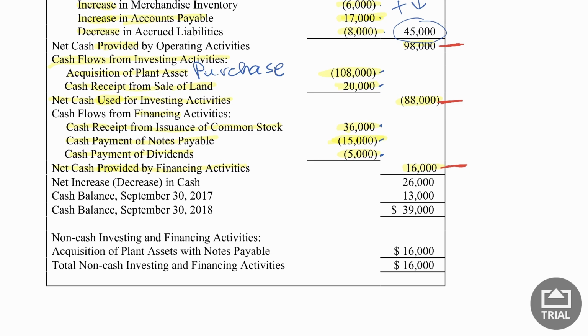So when I combine a positive 98, a negative 88, and a positive 16, that gives me 26,000. A positive 26,000. So my net increase or decrease in cash would be 26,000. Is this an increase or a decrease? Hopefully in your mind you were thinking increase. Positive number, increase. Negative number, decrease.